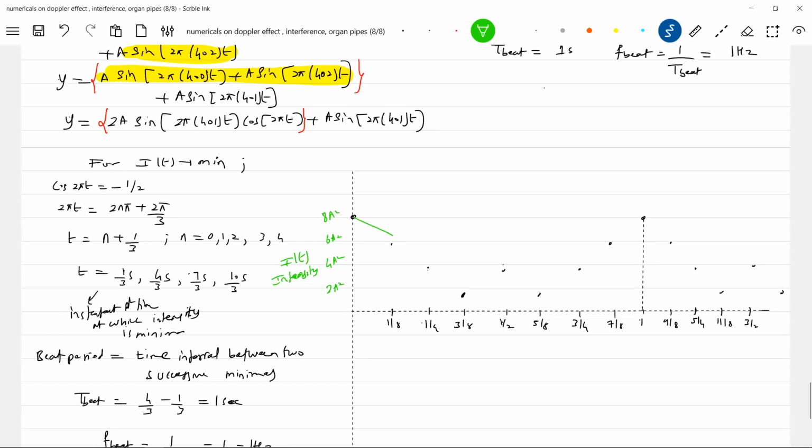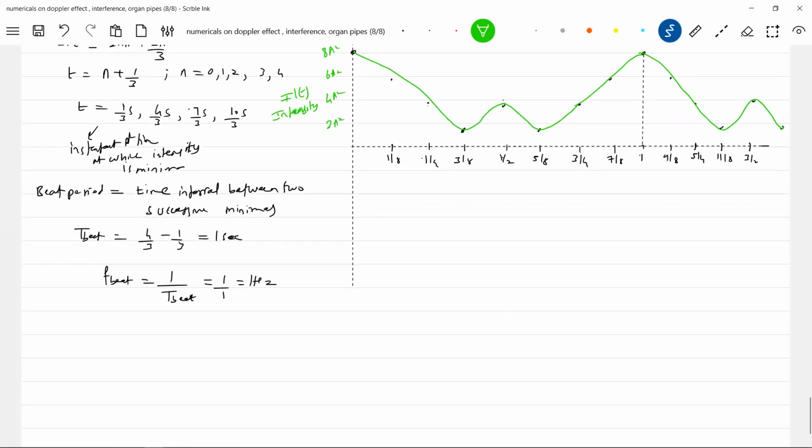It should be sinusoidal, no? No, not a straight line. It's totally a curve. This will be the one intensity cycle. I'll give smaller intervals so that you can notice it very clearly.